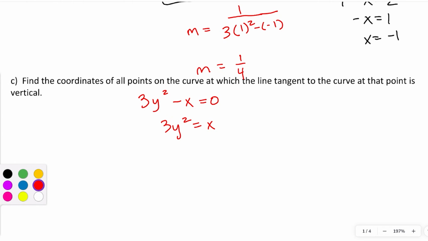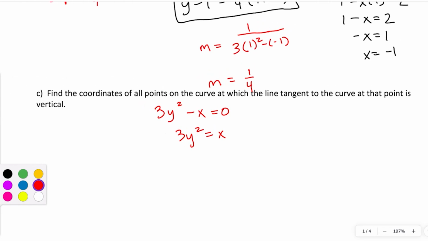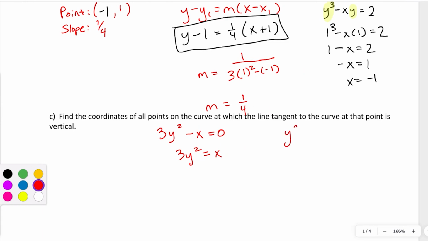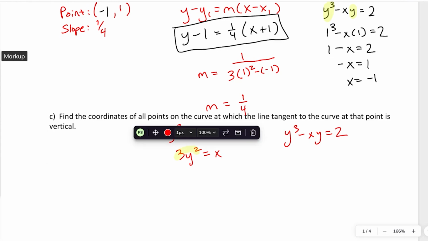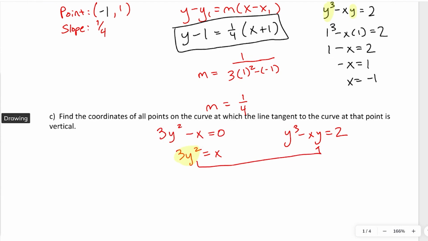So if x has to be 3y squared in order for the slope to be undefined, then we could go back to the original equation, y cubed minus xy equals 2, and make a substitution for x. Kind of like solving a system of equations. All right, we could take this 3y squared and stick it right here. Nope, not in the y, sorry, in the x.